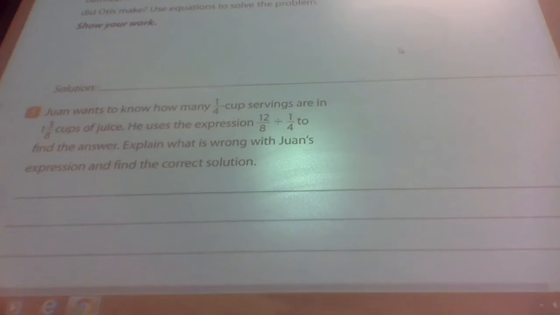That's 5 and 4 8s, which is 5 1/2. Okay? That's the answer. 5 1/2 servings. Okay? 8 times 1 is 8. 8 plus 3 is 11, not 12. That's what he did wrong.